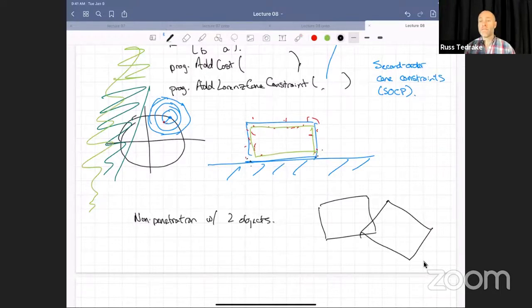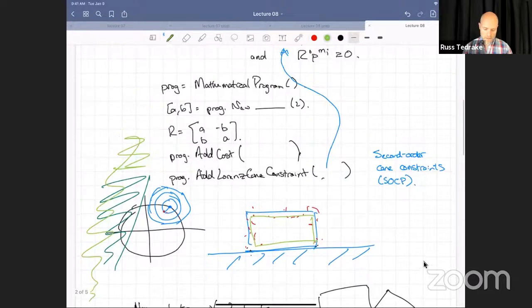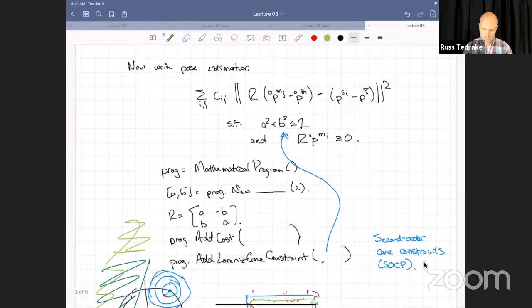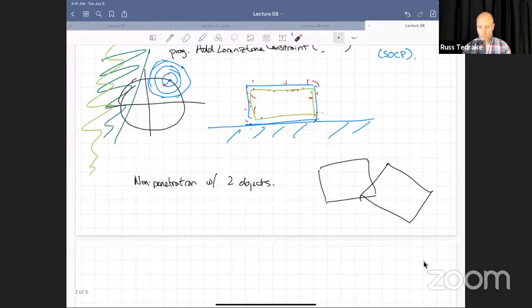But it's not an infinite table. It's a finite object. This is no longer a convex constraint, and so it doesn't fit in this simple worldview of linear constraints. In fact, why is that not a convex constraint?